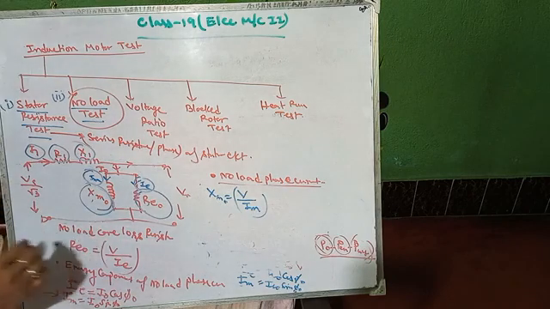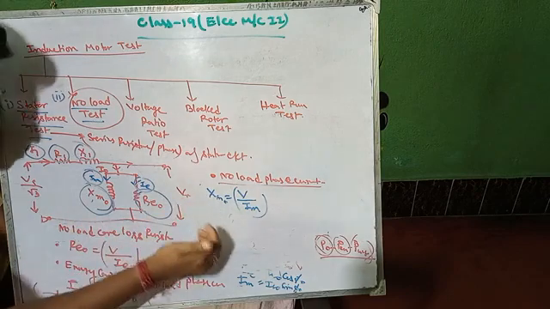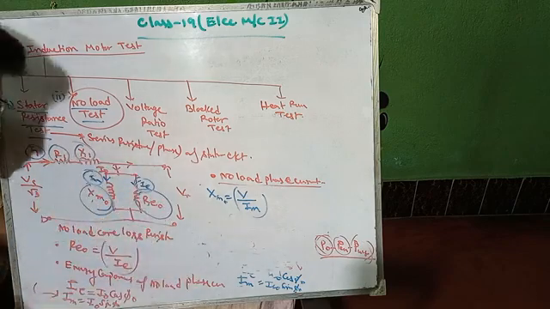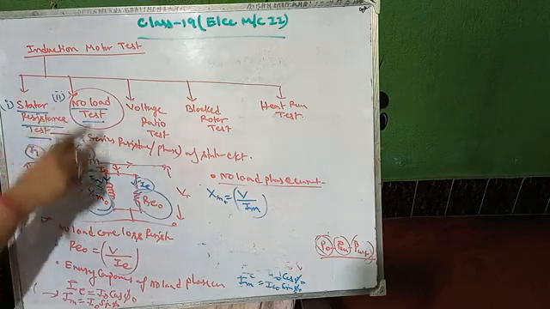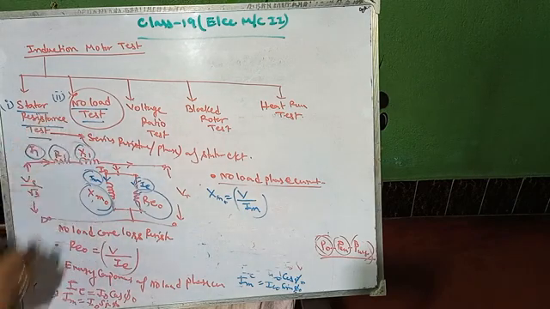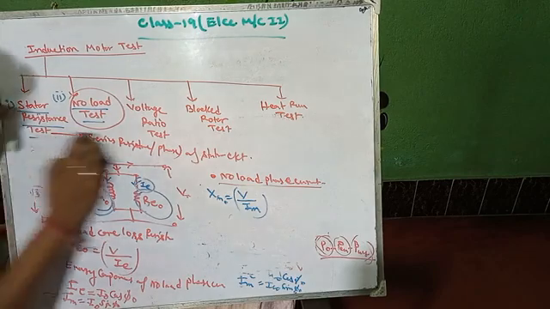Please follow the steps I have followed over here one by one, and you can get the answer. In your numerical part I will clear how to solve this type of problem regarding the no load test. Okay, so next one is the voltage ratio test. What is the voltage ratio test?